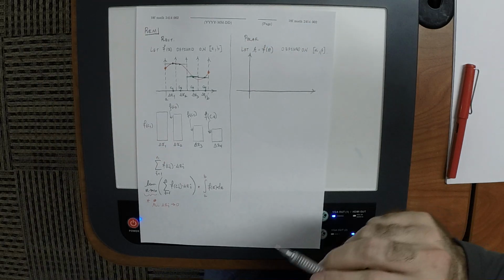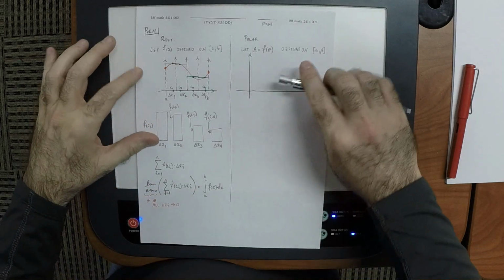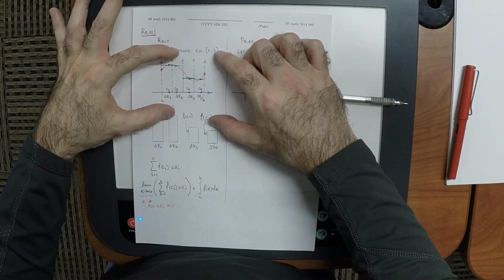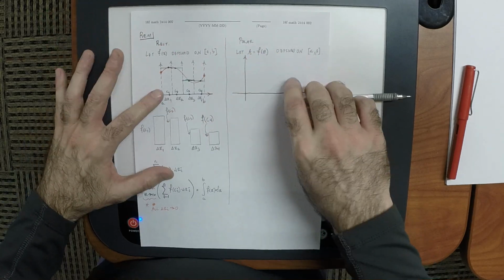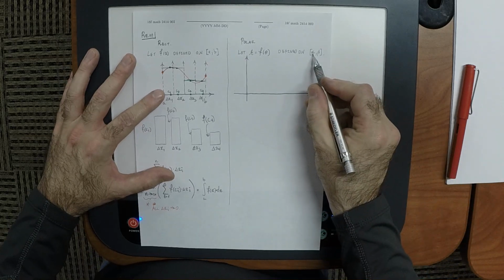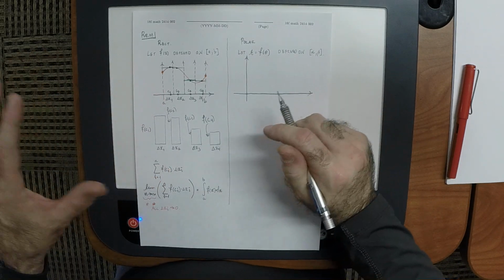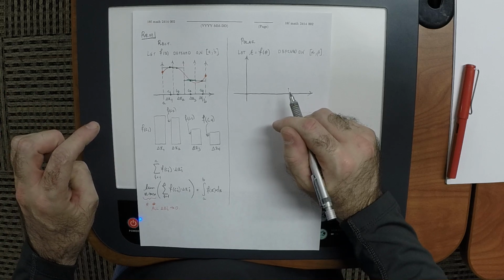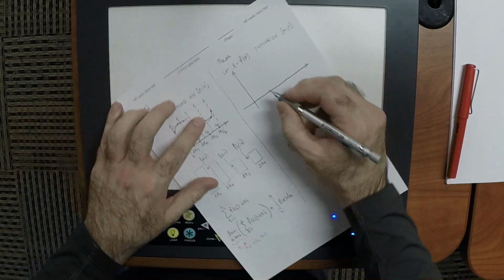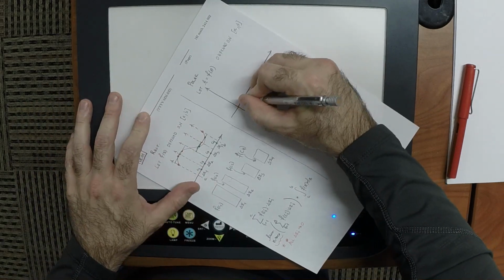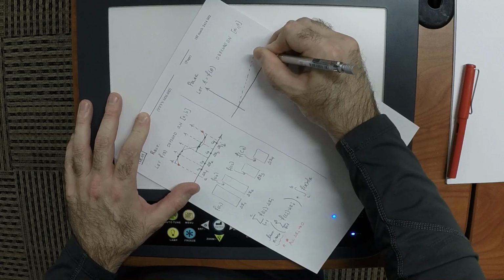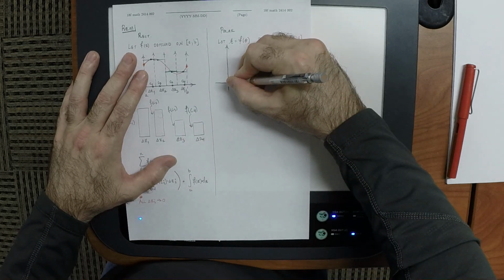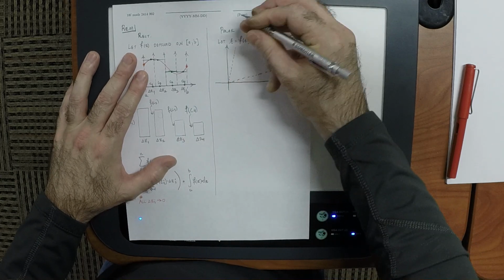Now we're talking about a function of two angles. I started out drawing this picture by drawing a constant input a and a constant input b. Now I'm going to draw a constant input alpha and a constant input beta. Now alpha and beta are angles, so what does a constant angle look like? A ray from the origin. So I'll say that this is alpha, and this is beta.